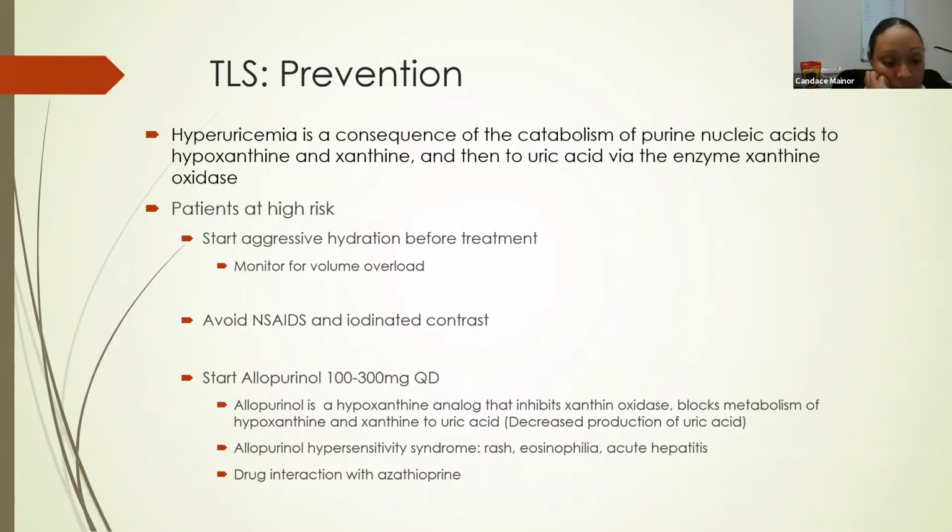But with allopurinol, patients can be at risk for allopurinol hypersensitivity syndrome, which is manifested with a rash, eosinophilia, and acute hepatitis. In addition, it's important to remember that there's a significant interaction with allopurinol and azathioprine.